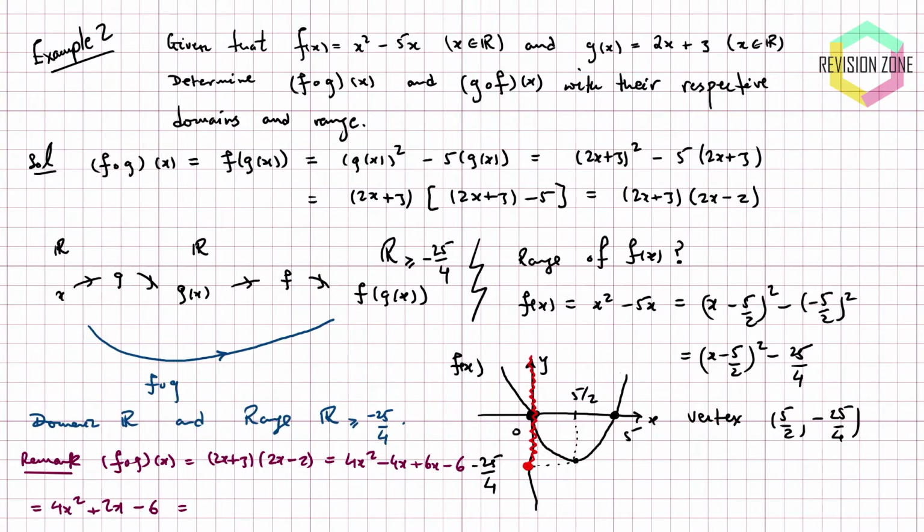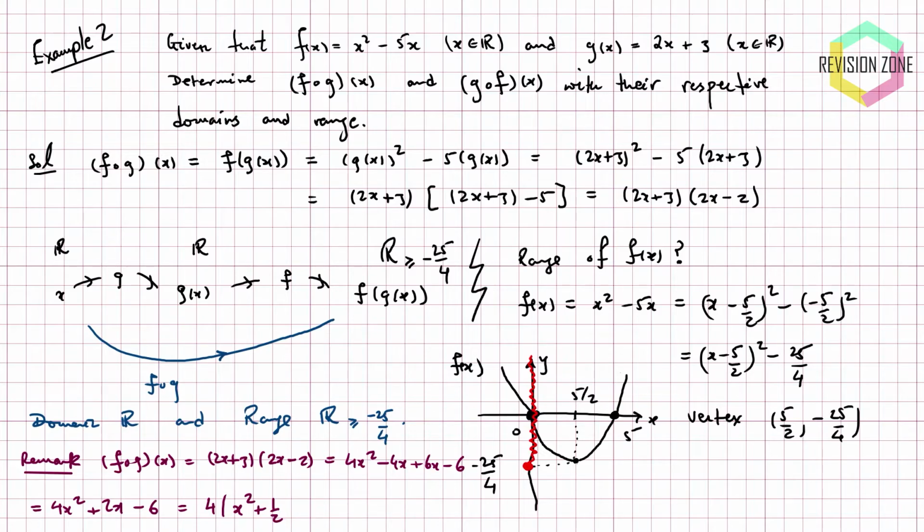I want to do the same thing now because I know that the vertex is going to be the key. I want to work out the vertex of this quadratic, so we need to complete the square. Of course, we could use differentiation and other things, but let's just complete the square to keep life straightforward.